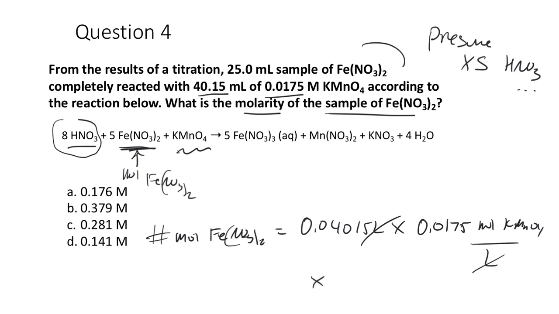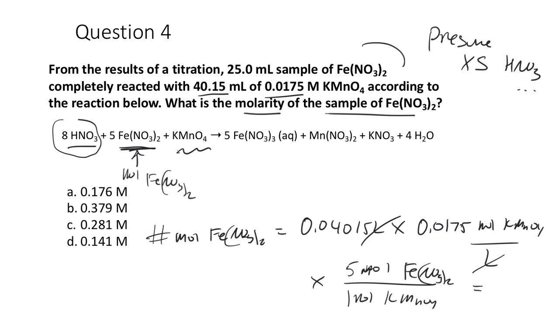And then my conversion factor here is that for every 1 mole of KMnO4 that we had to add indicated that there were 5 moles of Fe(NO3)2 initially present.